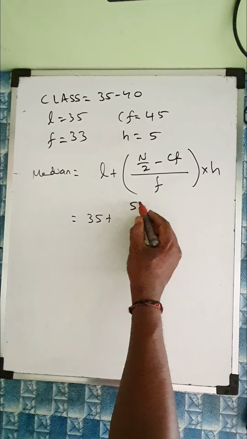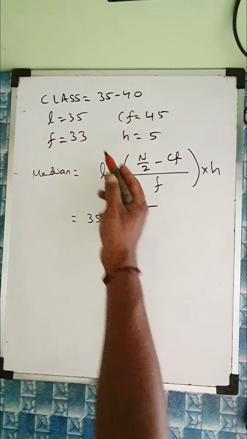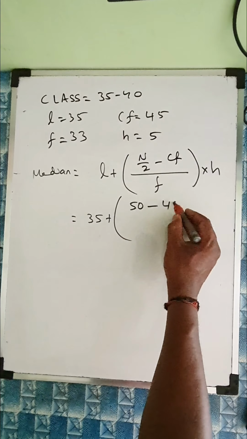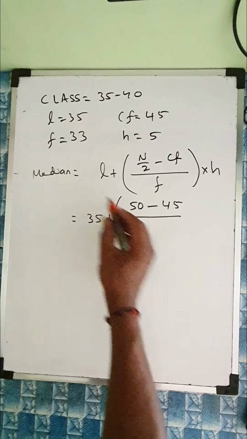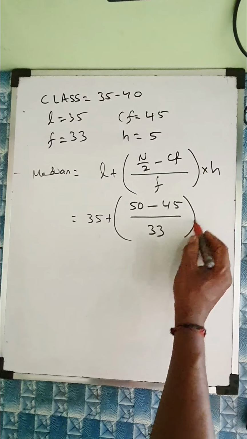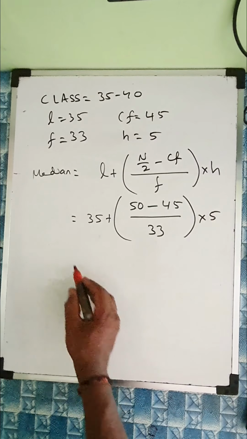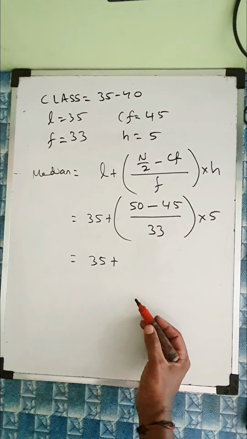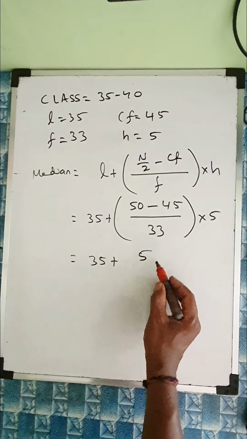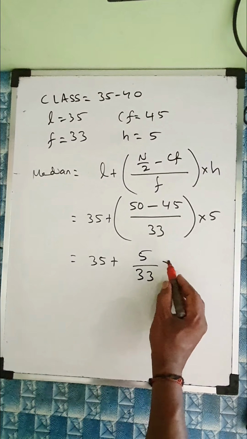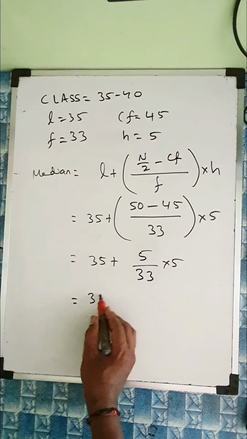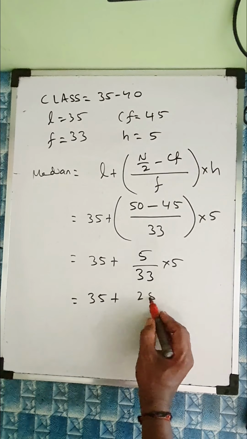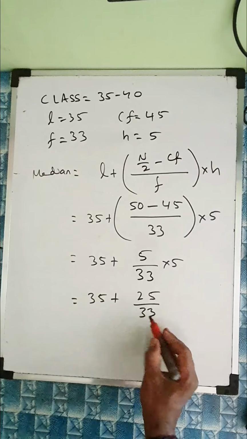So n by 2 is 50, and CF is 45, over frequency 33, into h which is 5. So 35 plus 50 minus 45, so it will be 5 by 33 into 5. So 35 plus 25 by 33.